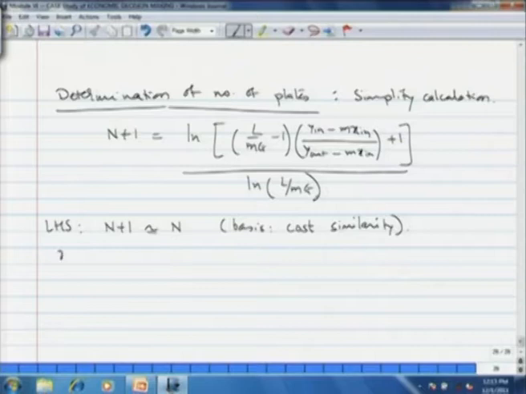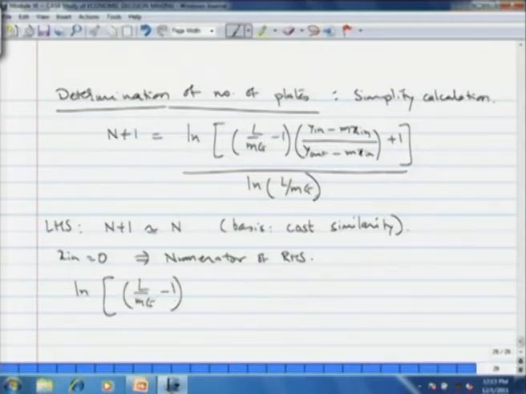We have already seen that x in is equal to 0. Therefore, the numerator of the right hand side will immediately reduce to ln of [(L by mg minus 1) into y in by y out plus 1]. Now, let us see what numbers we have.